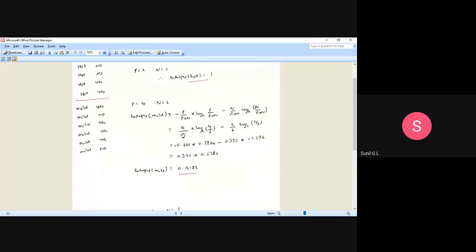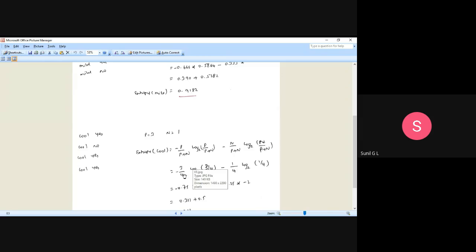When I calculate these, 4 divided by 6 is 0.666, and log 2 of 4 divided by 6 is minus 0.5864. Then 2 divided by 6 is 0.333, and log 2 of 2 by 6 is minus 1.586. When I multiply these, I get 0.3910 plus 0.5282. So the entropy of mild will be 0.9182.